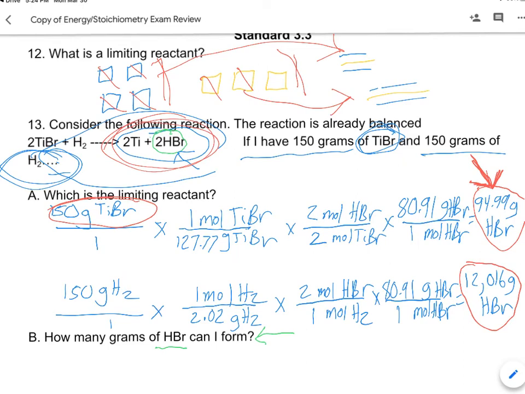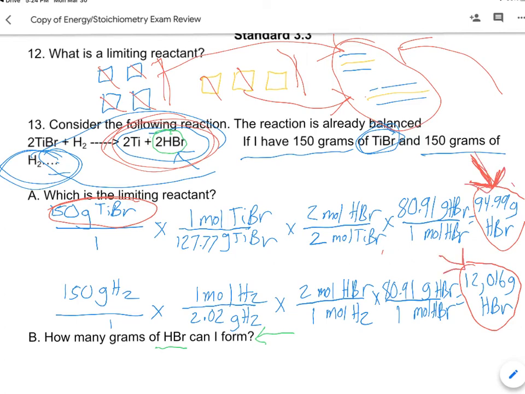Just like with the sandwiches again, I could make 2 sandwiches with the bread, and I could make 3 sandwiches with the cheese. But really, how many sandwiches can I make? I can really only make 2, because the bread was the limiting reactant. It limited how many sandwiches I could make. So similarly, on this problem, I could make this many grams here with the titanium bromide.